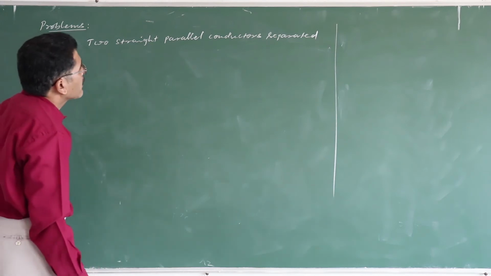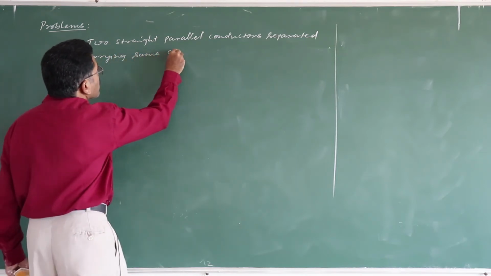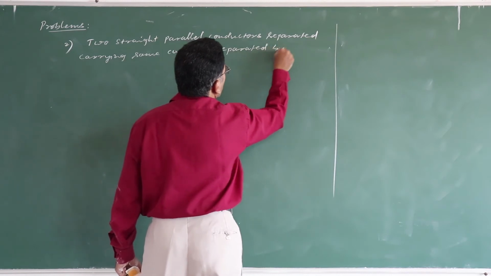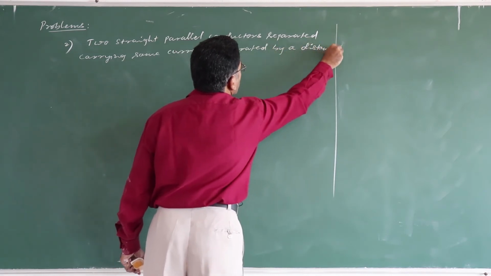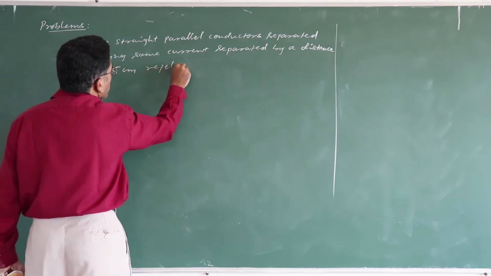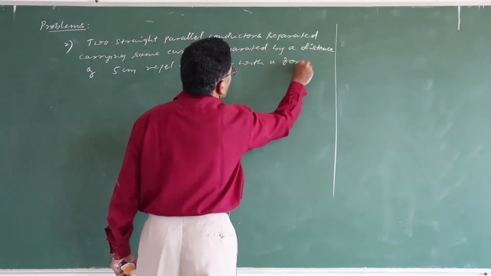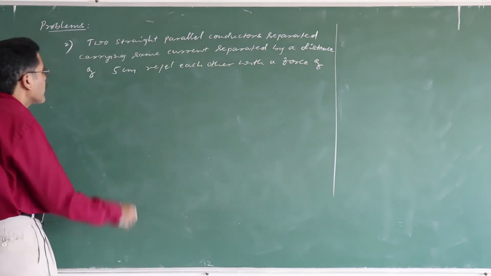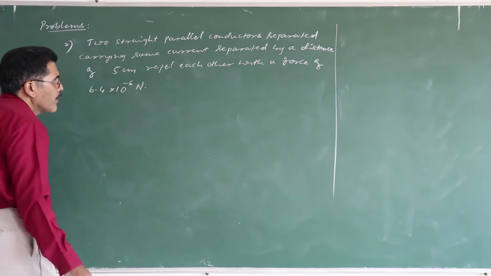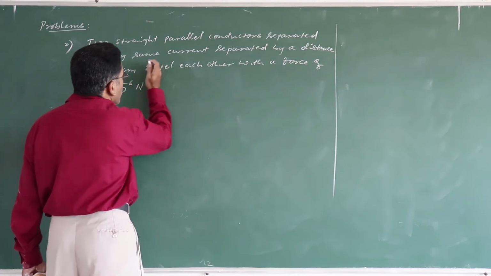Two straight parallel conductors carrying the same current, separated by a distance of 5 centimeter, repel each other with a force of 6.4 into 10 raised to minus 6 Newton per meter.